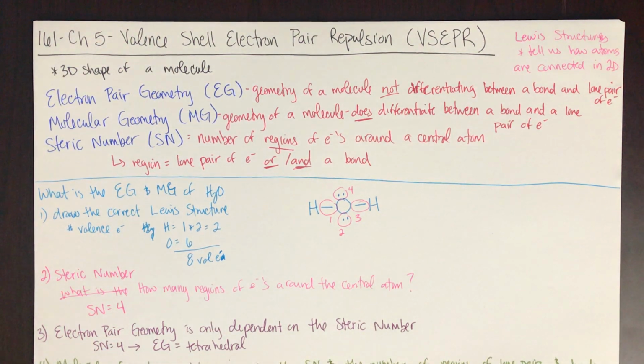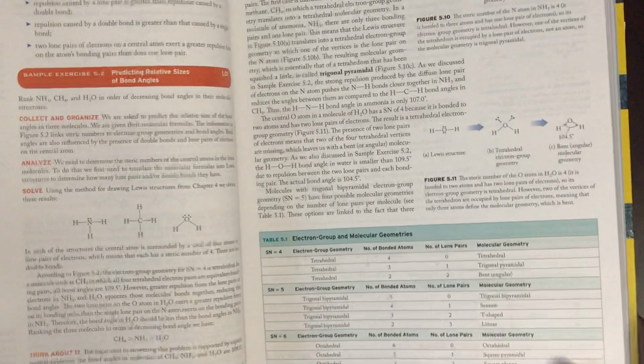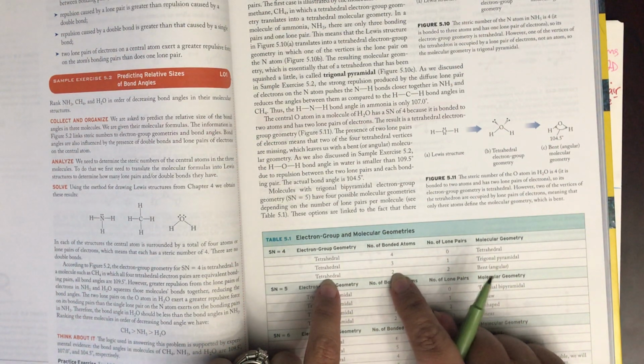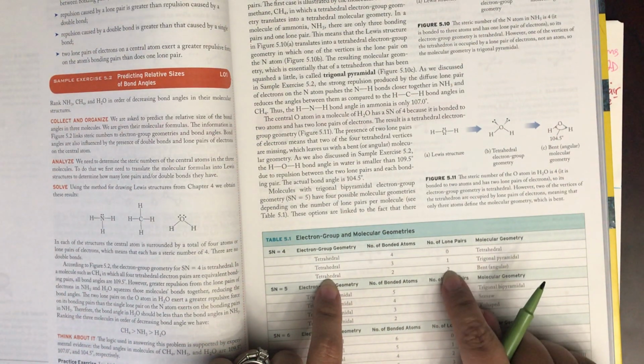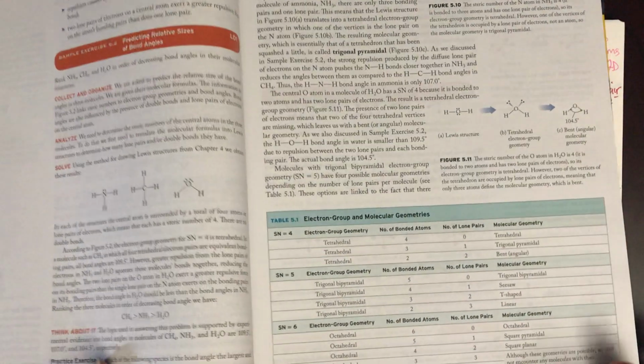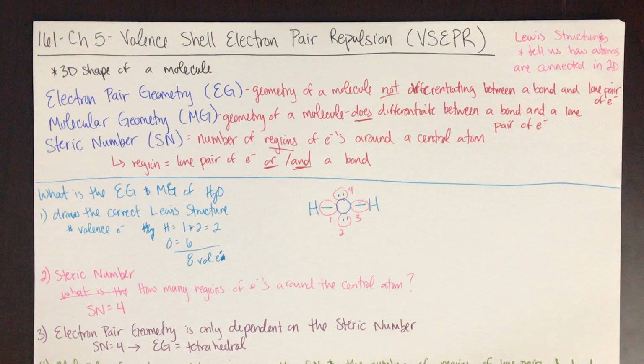So if we look back at the table, the number of bonded atoms in my example is 2, and the number of lone pairs in my example is 2. So this would have a molecular geometry that is bent.